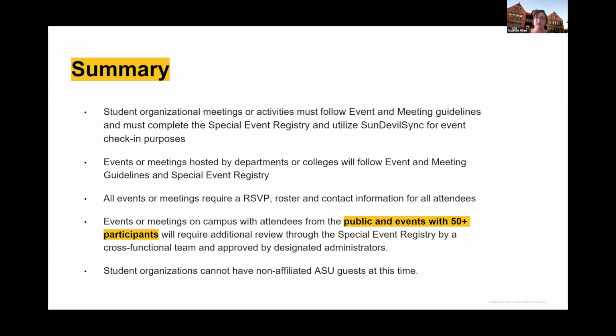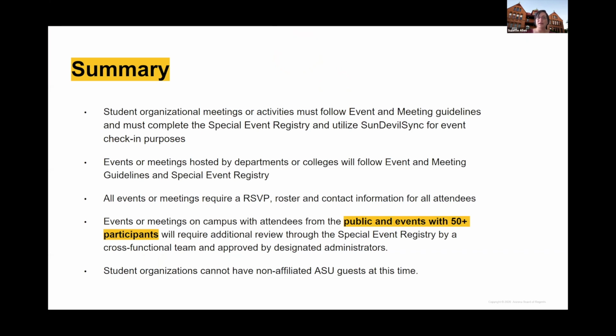They follow the event meeting guidelines, enter through the special event registry. All meetings, both student and faculty and staff, require an RSVP, the roster, and the contact information, as I mentioned, so that if exposure management is needed, you have the information readily available.